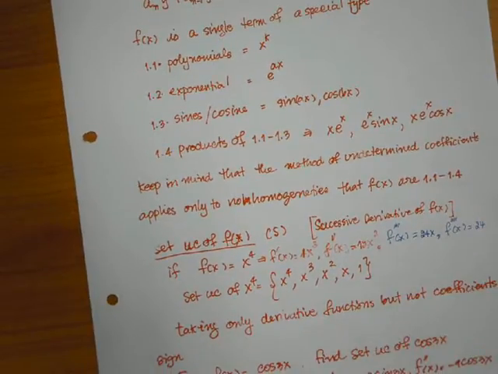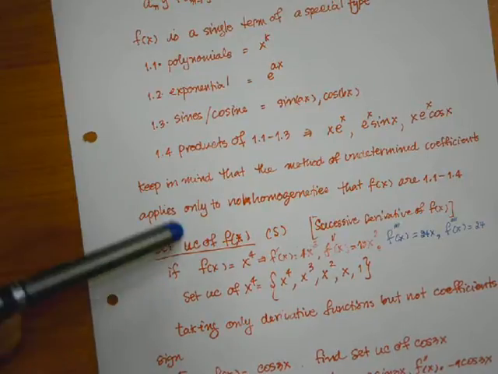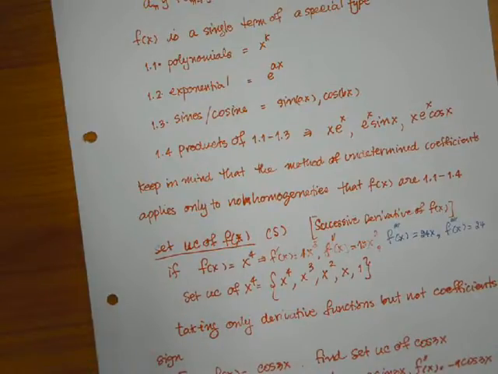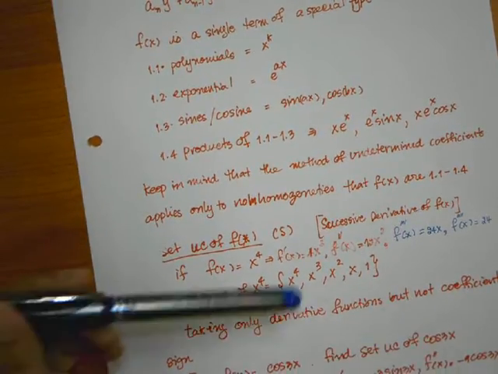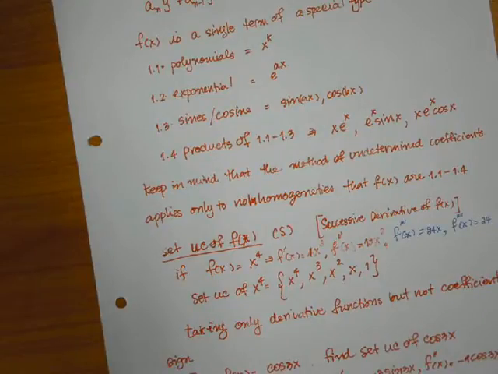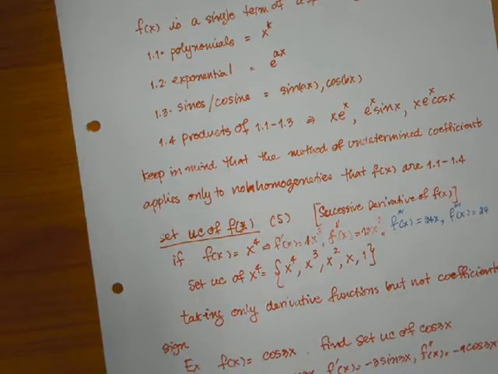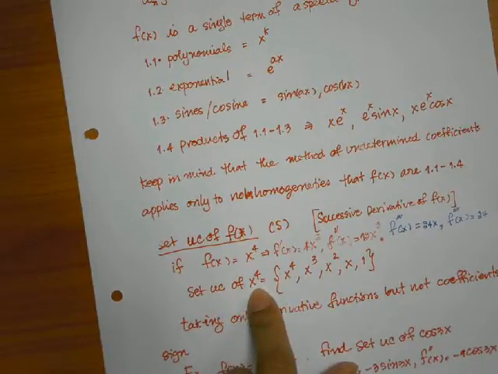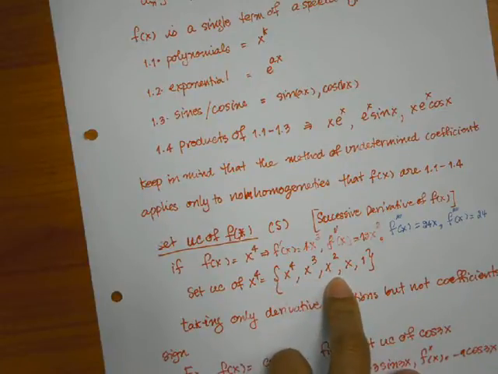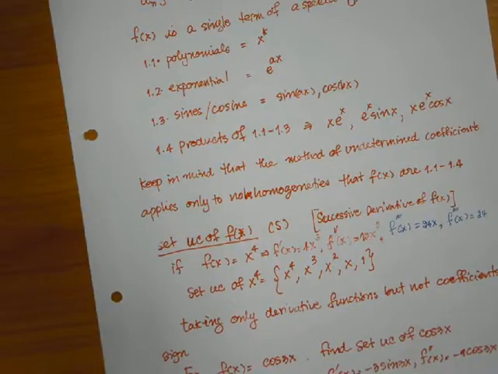When you want to write out the set of successive derivatives of f(x) equal to x to the power 4, you use the symbol of a set, the braces. You write the function f(x) itself and its derivatives without coefficients. So the set of successive derivatives of x to the power 4 is x to the power 4, x cubed, x squared, x, and 1.